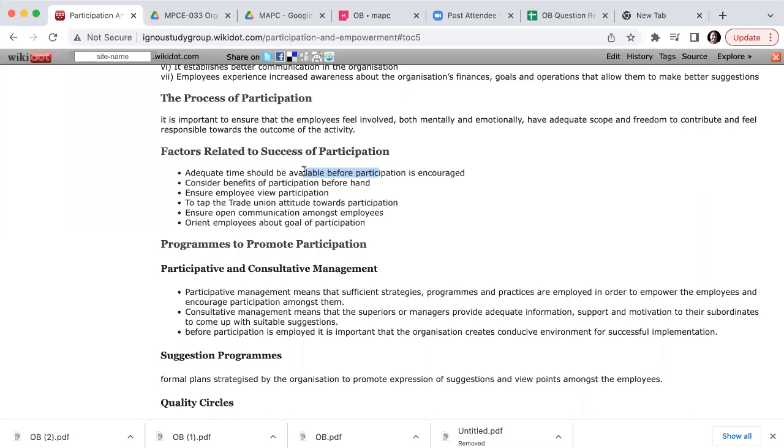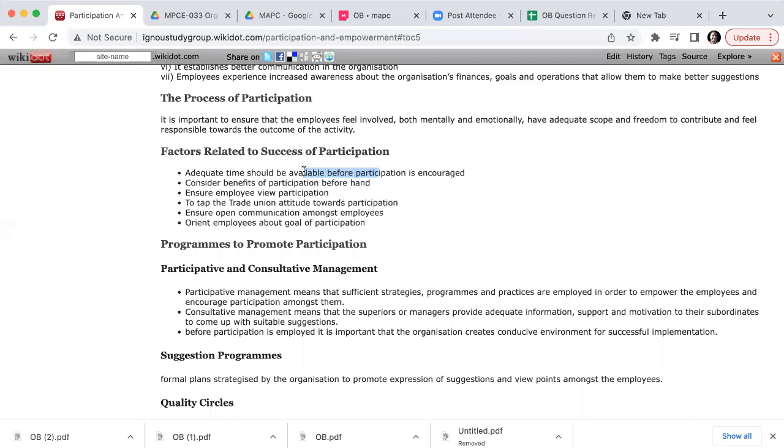And especially you're tapping into that group attitude. There are a lot of trade unions that come into the picture in the typical industrial setting. So improving participation means you are getting into that particular attitude of the trade union, which is actually beneficial.